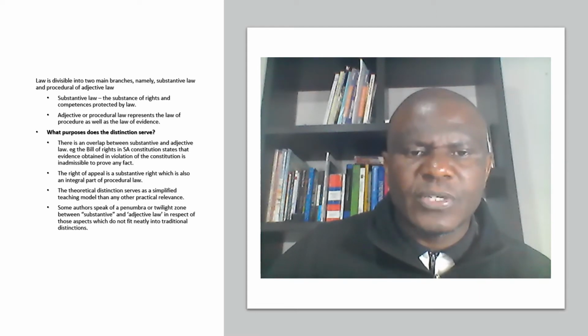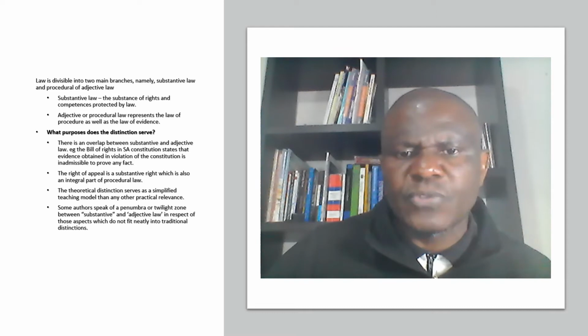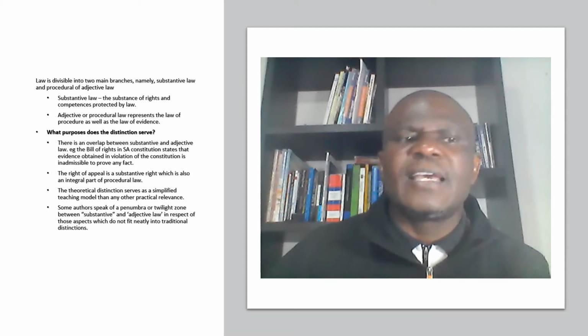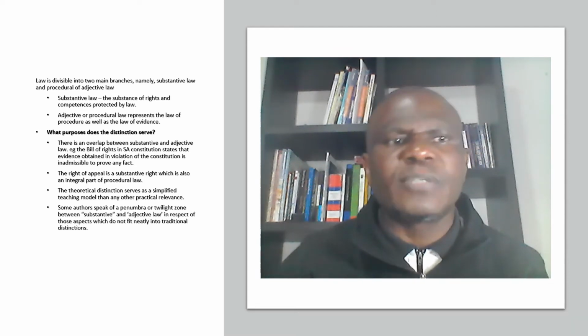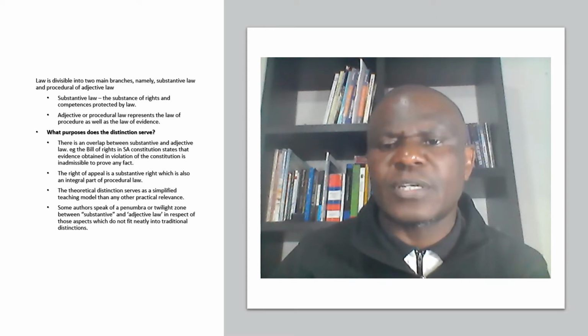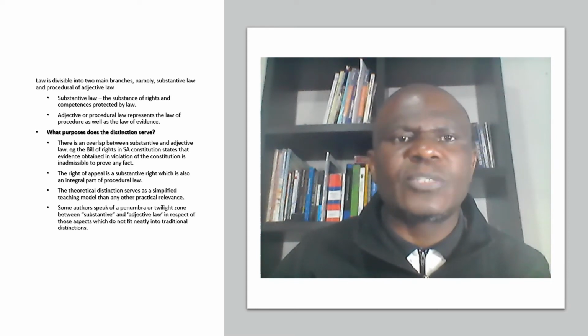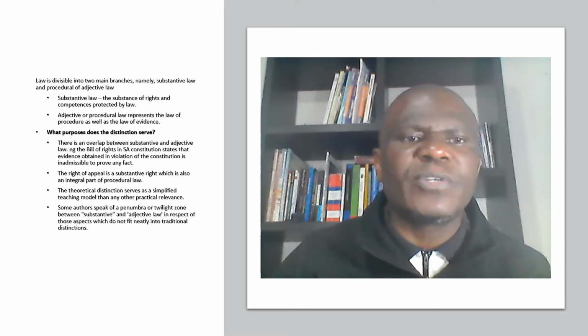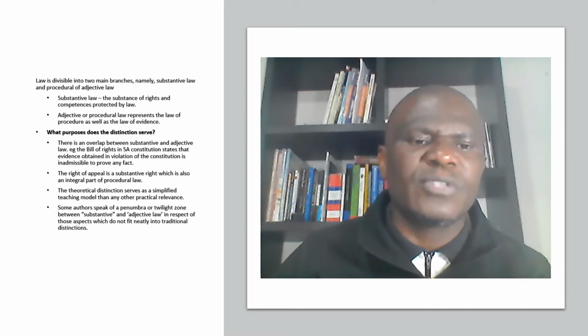Here they are talking in respect of those aspects of the law which do not fit neatly into the traditional distinctions between substantive law and procedural law. But let's look at our next slide, where we try to explain and explore these issues further.